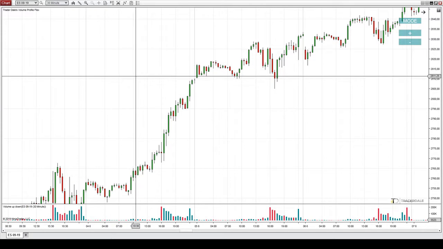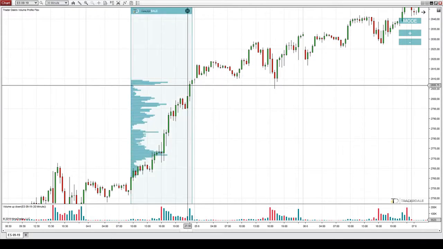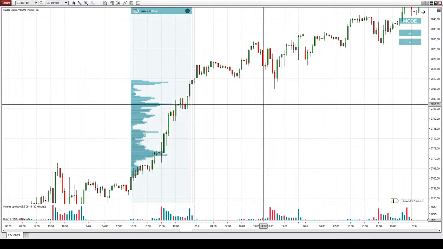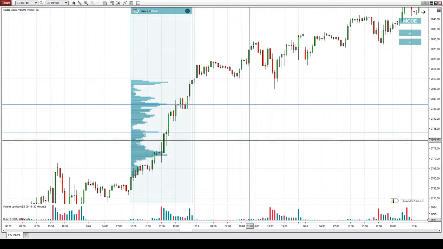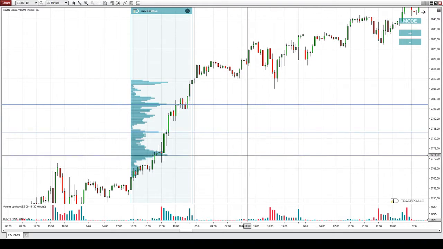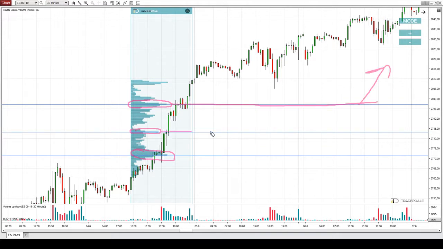Now let's, for example, have a look at this trend. There are nice levels to go long from in here, and in here. Those are nice volume clusters to go long from. That's the trend setup, alright? This is one volume cluster, another one, another one. So those would be levels to go long from.